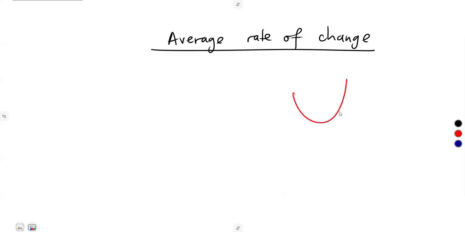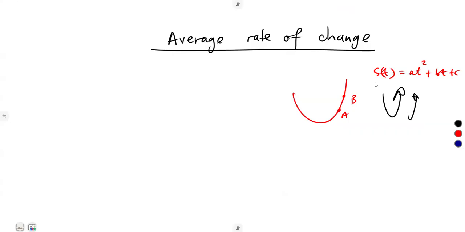If you're given 2 points on a graph, point A and point B, maybe we are referring to the distance time graph, where distance is given in terms of time. All right. So the same thing, by having 2 points, substituting the values of t, which represents the time, you obtain the values of s. Then you use those to determine your average rate of change.